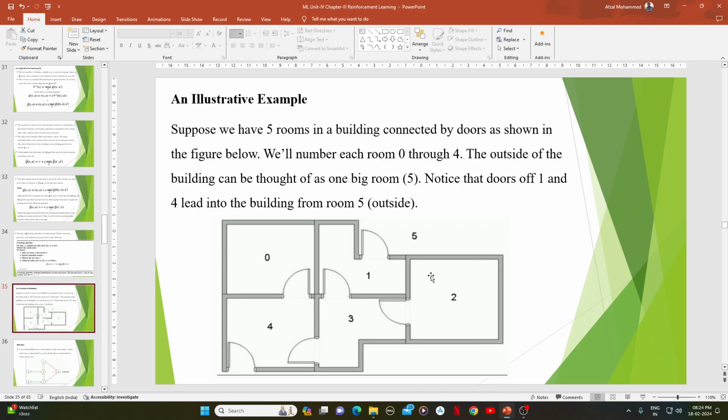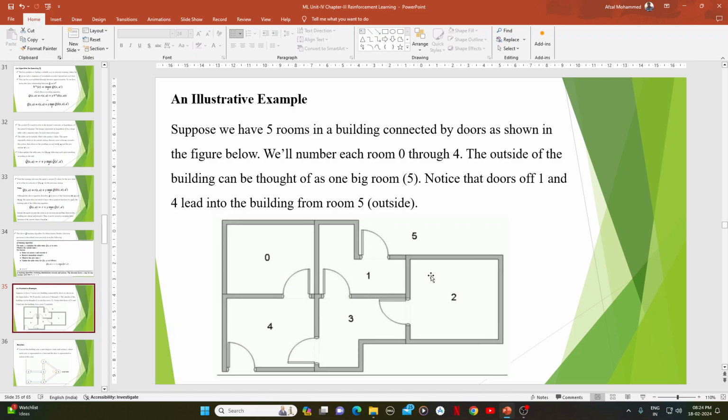Here we have 5 rooms, and all rooms are labeled from 1 to 5, actually 0 to 4.